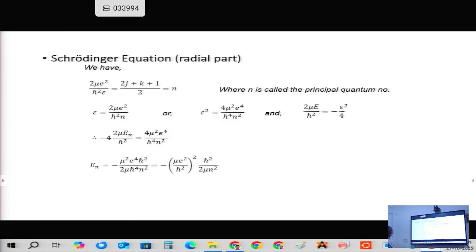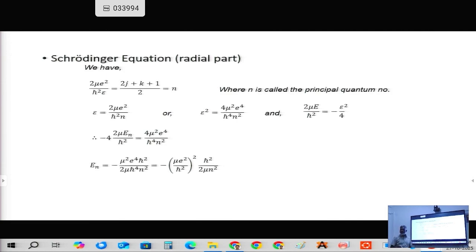Okay, and if you rewrite it for En, now I'm putting n as a subscript because n can change. So n changes, energy will change for each energy level. So that's why we have E with a subscript n.